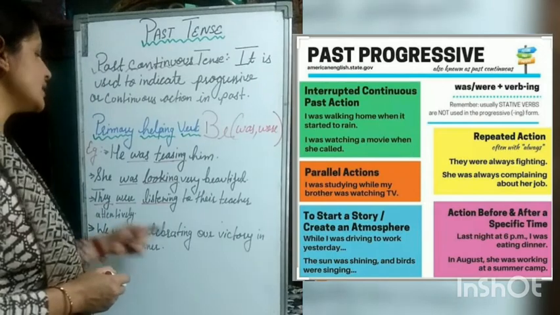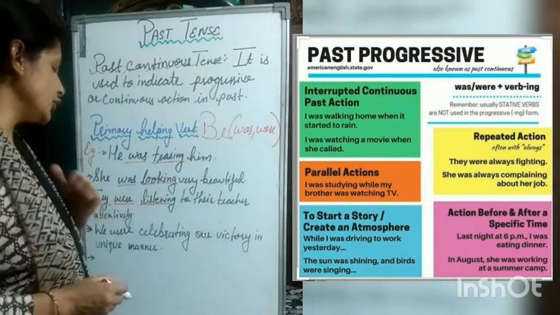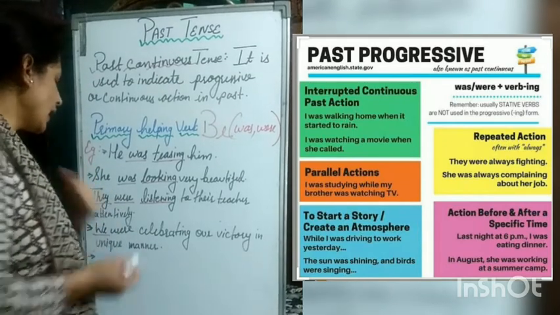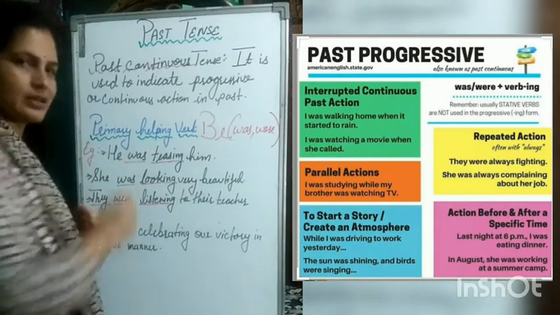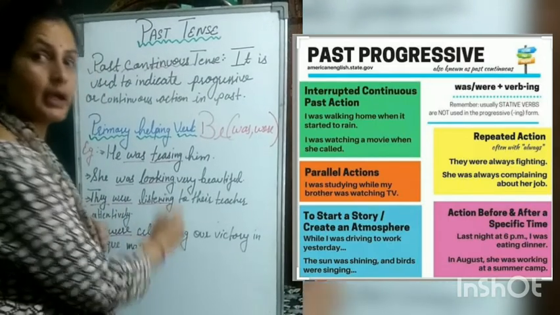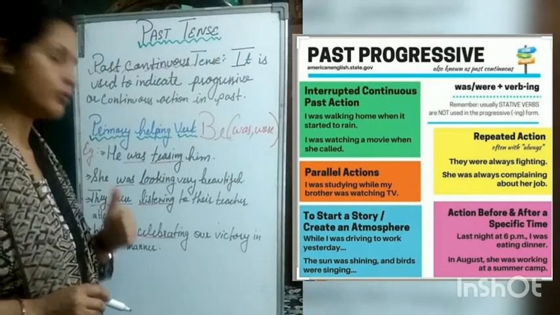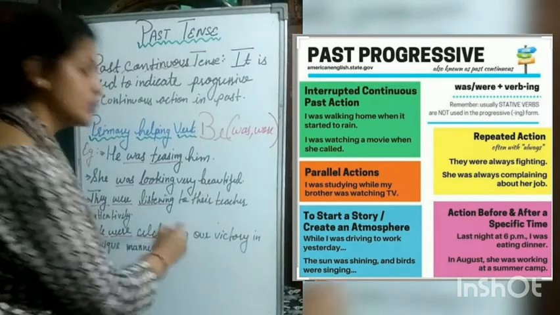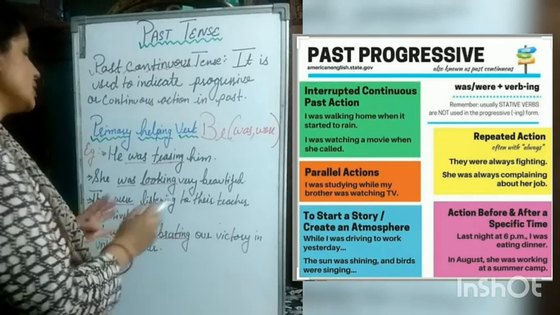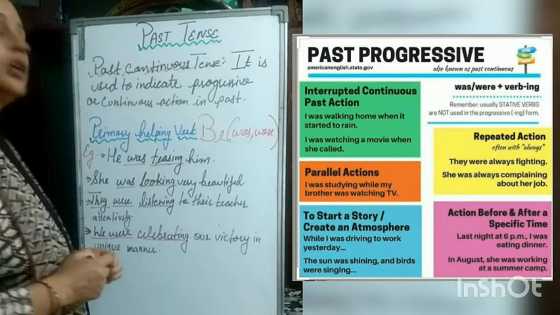Then, we were celebrating our victory in a unique manner. Again, "we" is a plural subject and "were" is used. Then "celebrate", that is the first form of the main verb, and what have we used with it? The "ing" form, that is celebrating. So we were celebrating our victory in a unique manner.